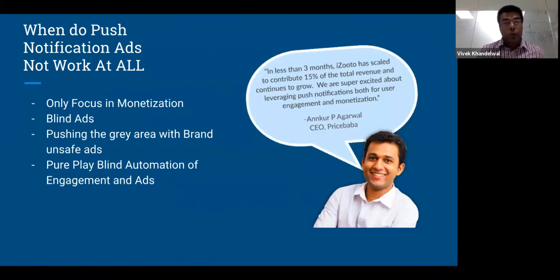And on top of that, you're also pushing out ads to your users. This kind of blind automation creates an extremely poor experience for your audience, and directly impacts your push notification ad revenue.